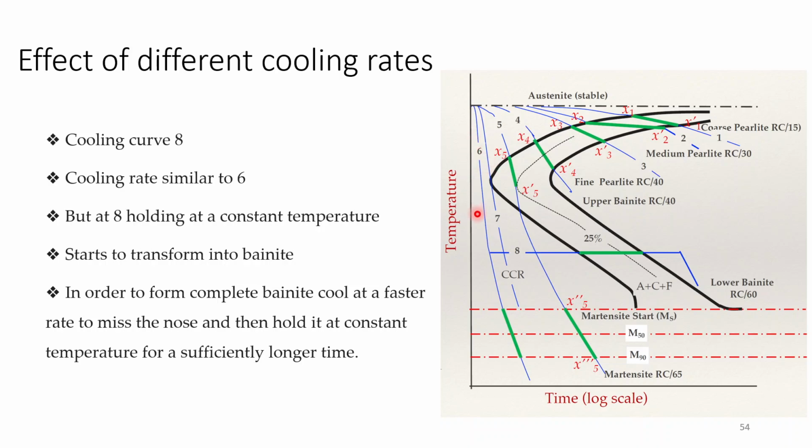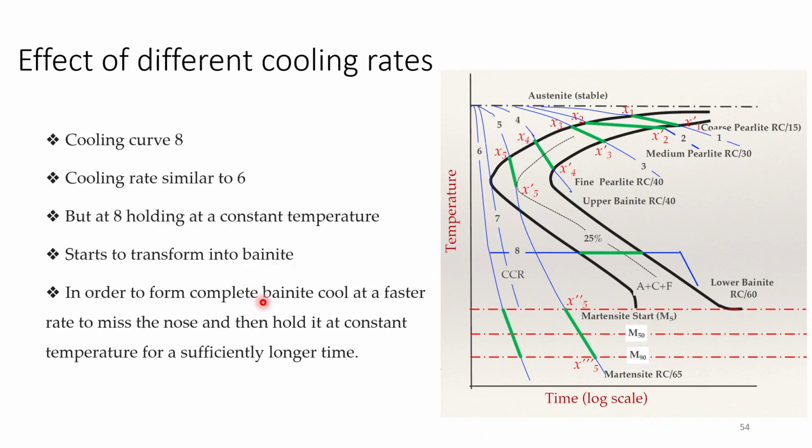Cooling curve 8. So 8 is cooling up to here, then isothermally holding here and then cooling. So here you will be getting 100% bainite. Okay, so cooling rate is similar to 6, but at 8 holding at a constant temperature, and it starts to transform into bainite.